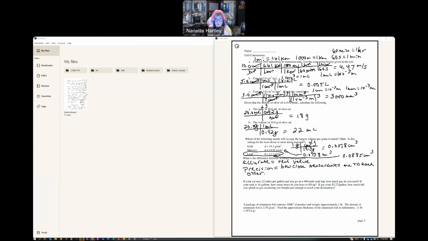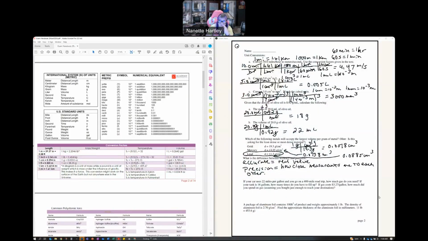If your car uses 22 miles per gallon and you go on a 400-mile road trip, how much gas do you need? If your tank is 16 gallons, how many times do you have to fill up? If gas costs $3.27 a gallon, how much do you spend on gas, assuming you bought just enough to reach your destination?